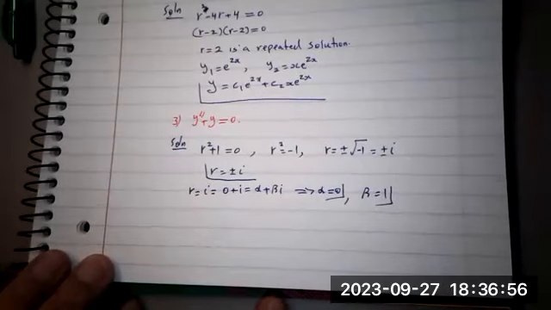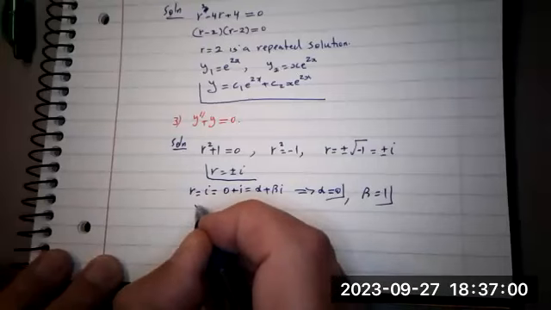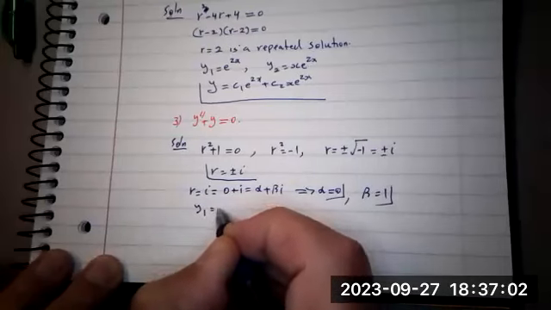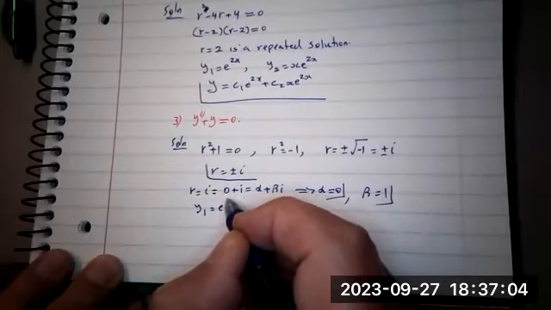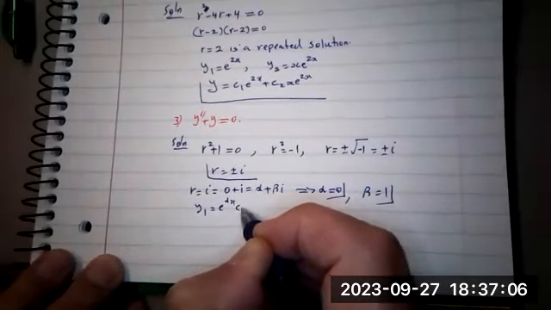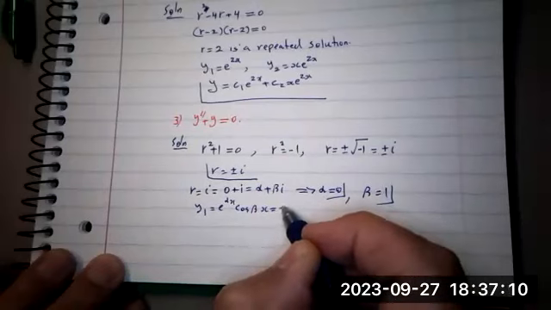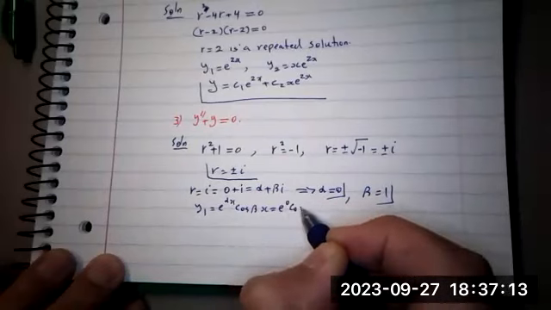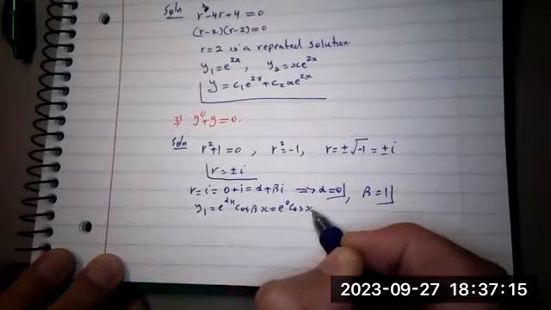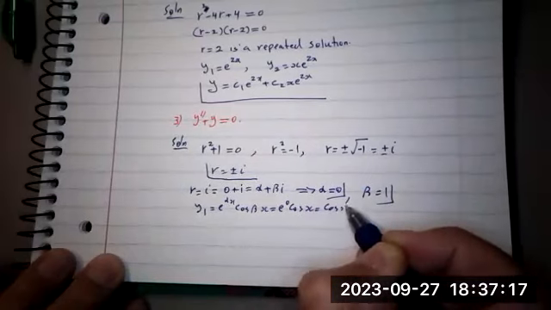Okay, any question? Now get the solutions. If you like, you can write the solution right away, but otherwise, y1 is equal to e to the alpha x cosine of beta x. So alpha is 0, e to the 0 cosine of x, which is going to be cosine of x. You write it down right away.